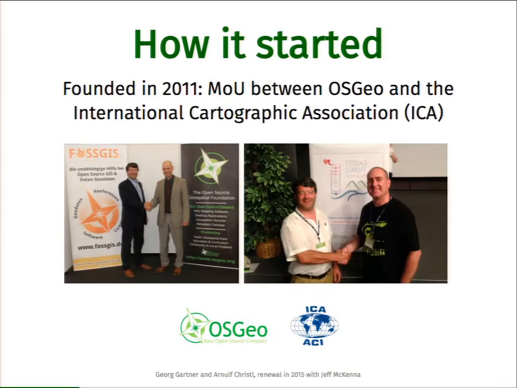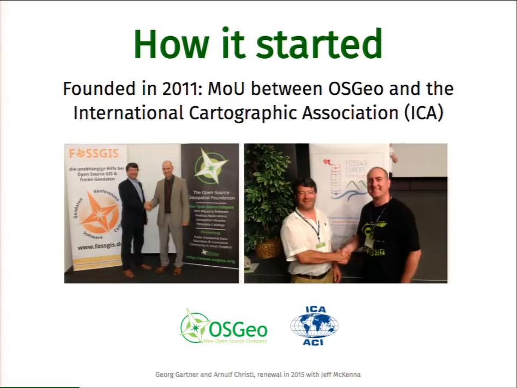So how did it start? These are popular photos that we keep showing. The entire initiative was founded in 2011 when Suchit Anand, I will show him later, initiated it as head of the ICA Commission on Open Source.